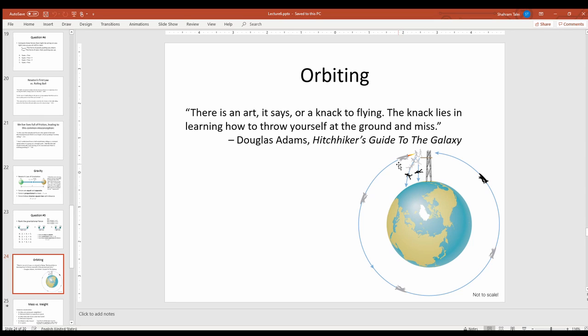And if we can keep this balance, free fall and moving away, we can stay in orbit. Actually, the Earth is not moving away in this case, it's just the shape. This shape is round, so it looks like we are falling, but we are never reaching the Earth. So this is the orbit.